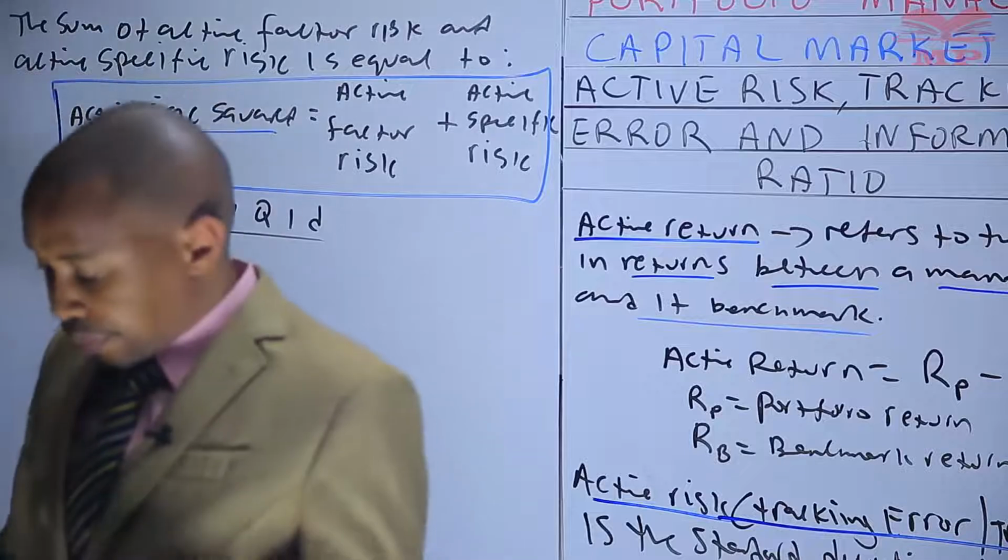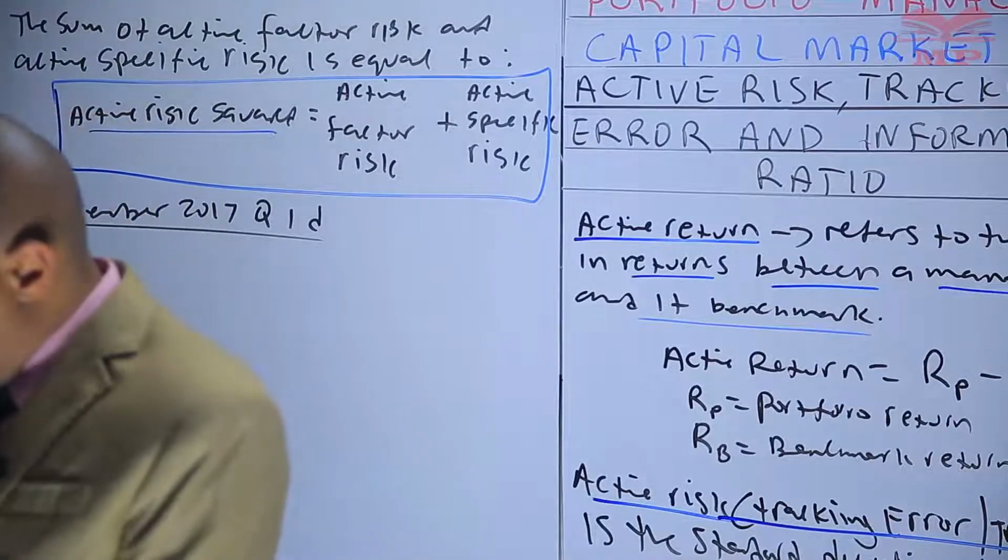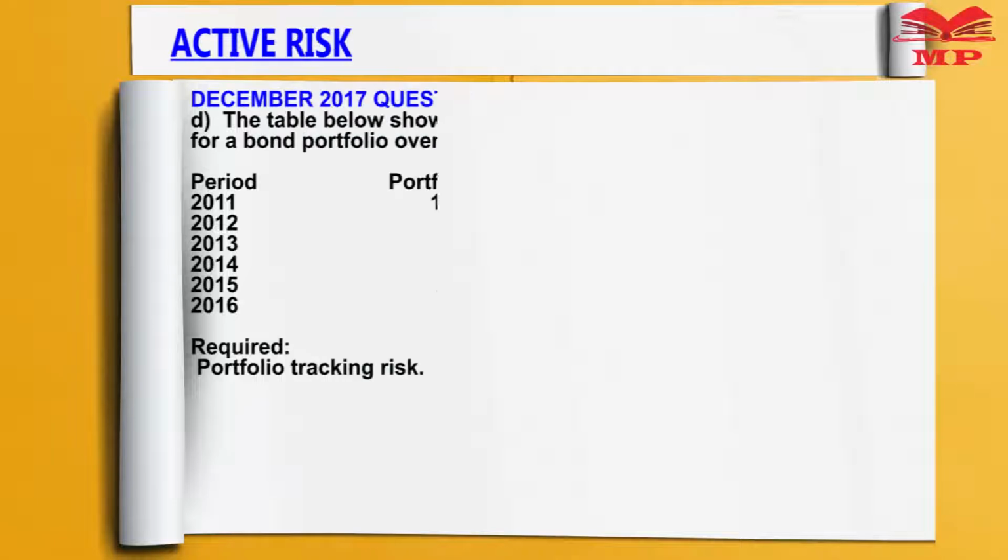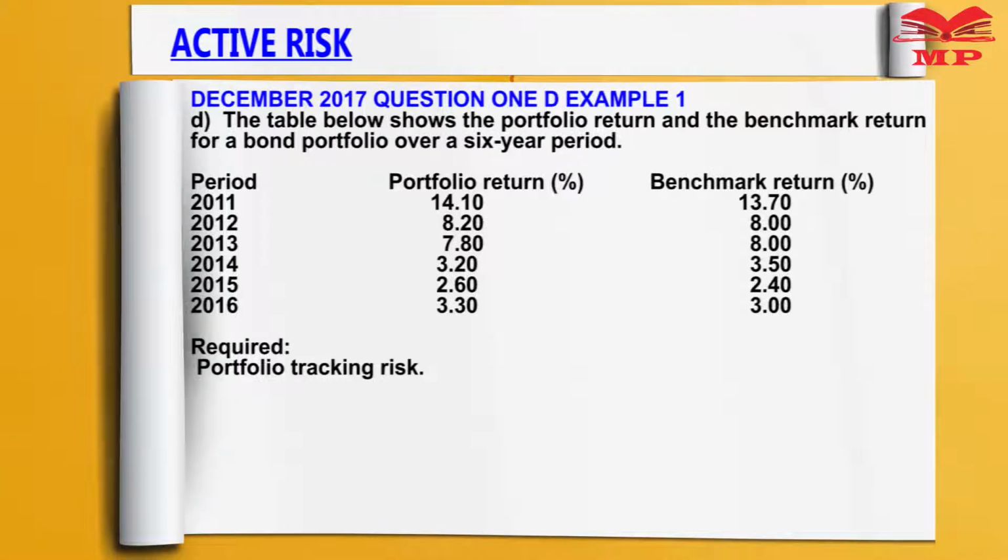The table below shows the portfolio return and benchmark return for a bond portfolio over a 6-year period. You have the periods given, 2011 through to 2016. Portfolio returns and benchmark returns have been given. Required, they want you to compute the portfolio tracking risk.